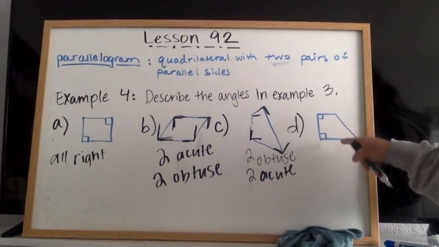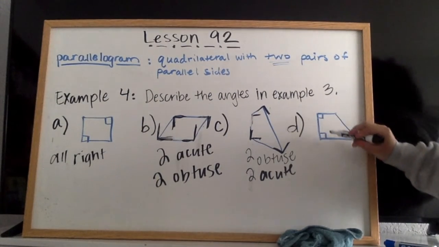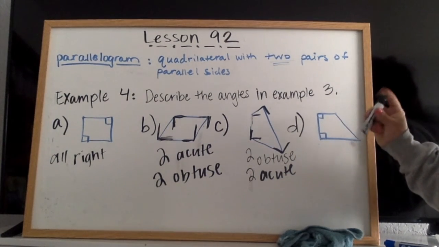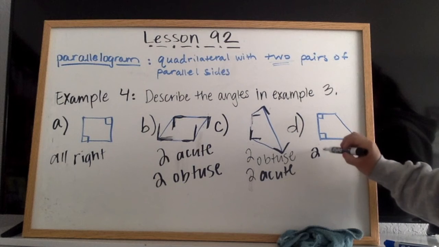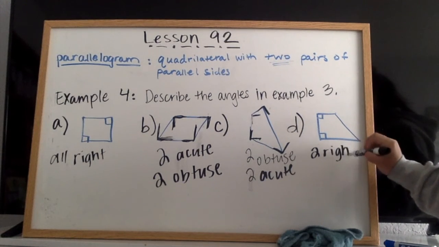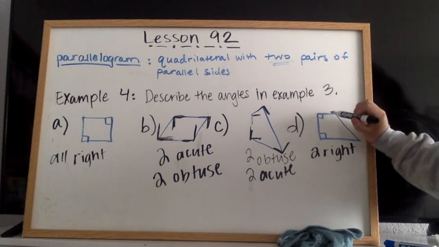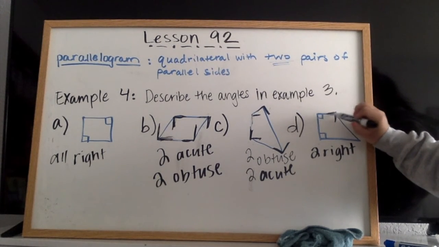Now last one, letter D. These little boxes remind us that those are right angles. So we can tell just by looking at this that there's two right angles. Now we have to figure out what these two angles are. So I'm going to draw my L's, match up in that corner.